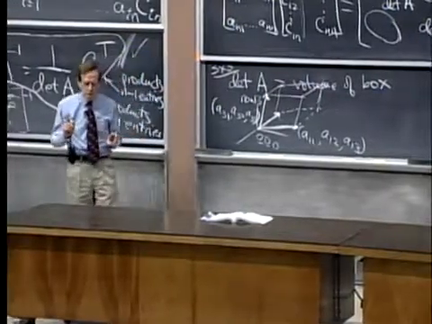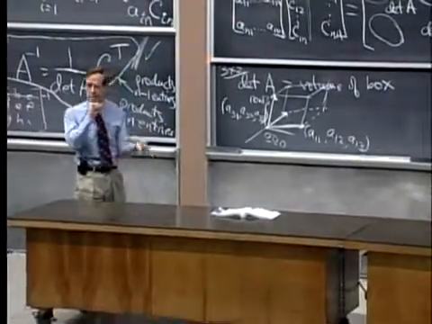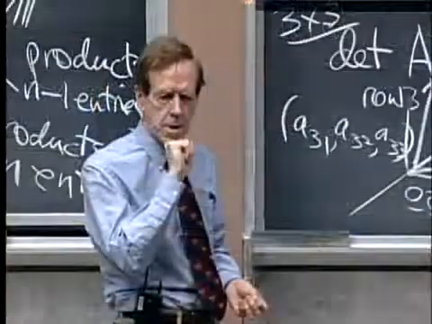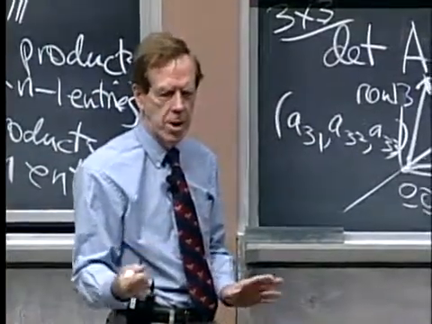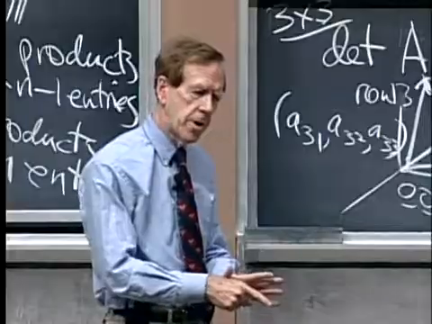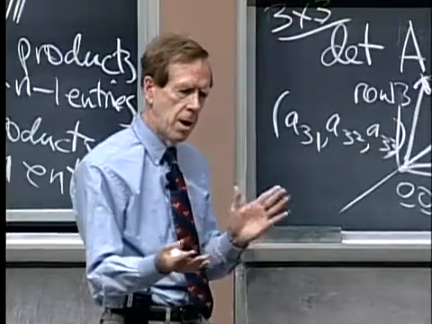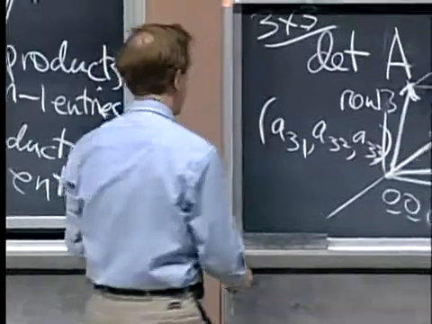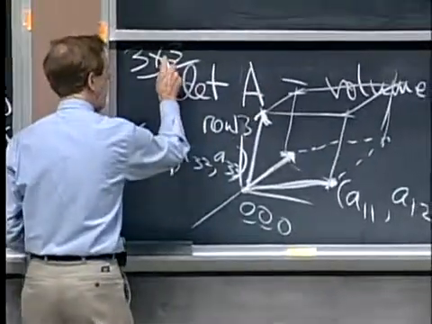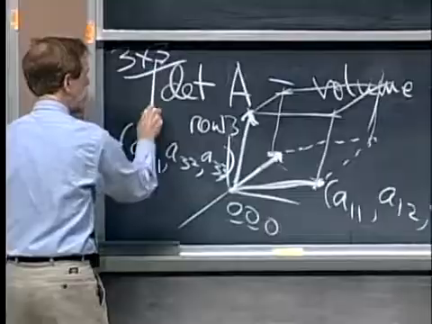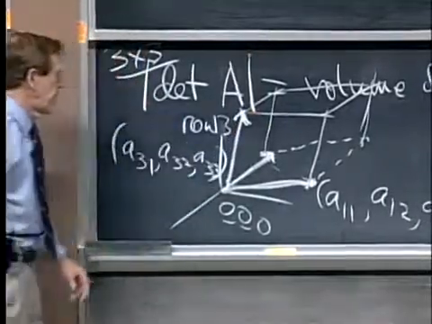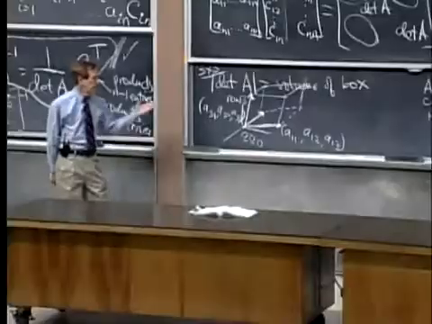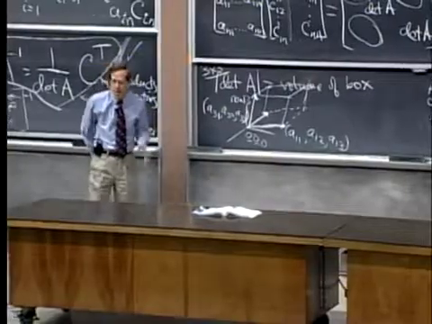Now, it's possible that the determinant is negative, so we have to say what's going on in that case. If the determinant is negative, we should take the absolute value, really, if we think of volume as positive. But what does the sign of the determinant tell us?